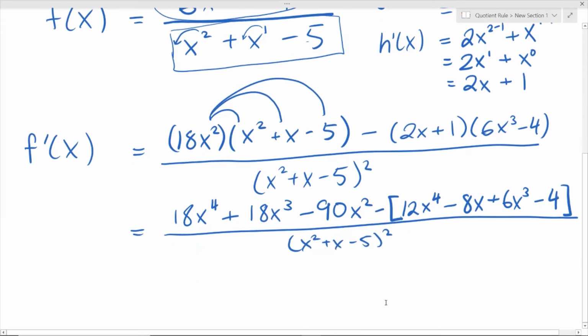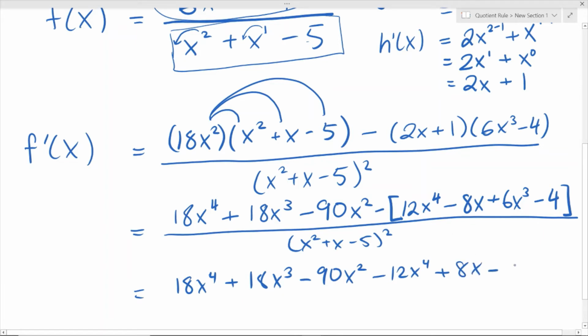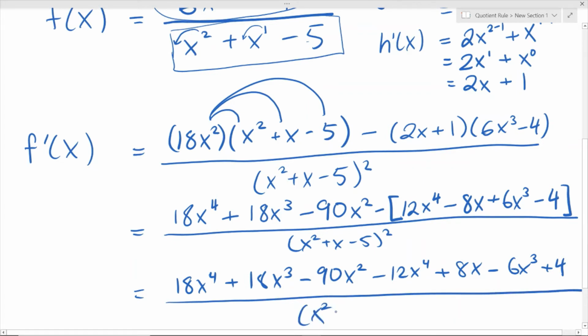Okay, and now we can just simplify. So collecting like terms, 18x to the 4 plus 18x cubed. Well, before we collect like terms, we can distribute the negative into each one. So negative 12x to the 4 plus this negative 8x, negative positive, it's going to be negative 6x cubed, negative positive 4, all over x squared plus x minus 5 squared.